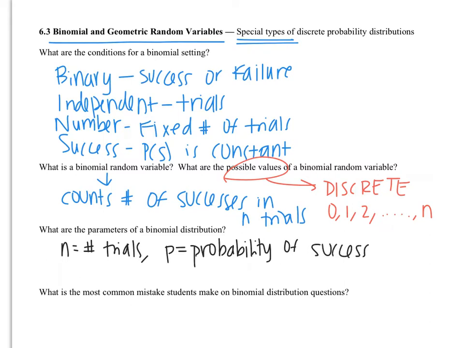Okay, this should be similar to a normal distribution. In a normal distribution, you always have to define mu and sigma, so you always have to give the mean and the standard deviation. Those are the parameters for a normal distribution. So for a binomial distribution, the parameters are n and p.